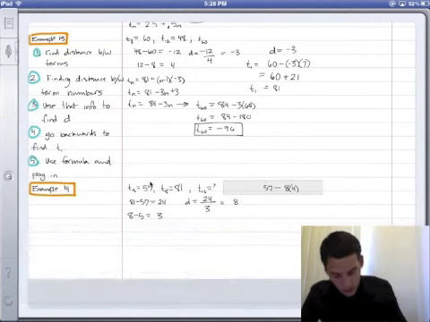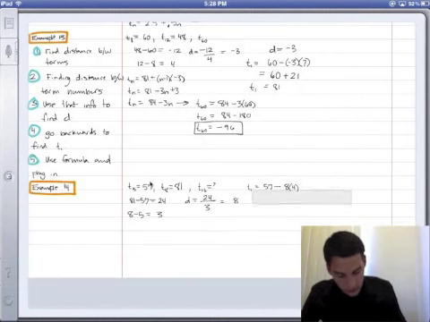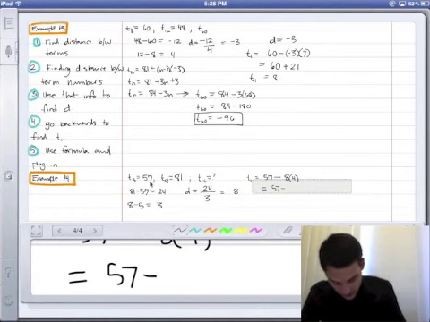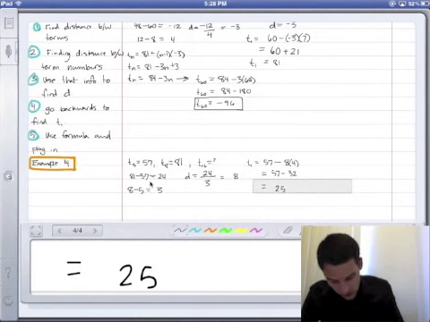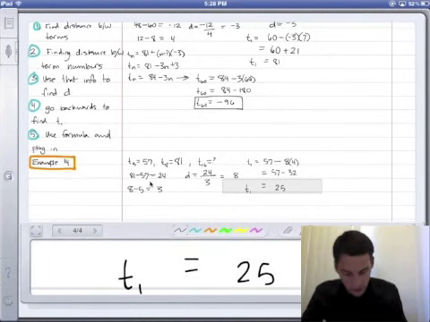And this will be my first term. T sub 1 equals that. So 57 minus 32, which means we'll have 25. So T sub 1 is 25.